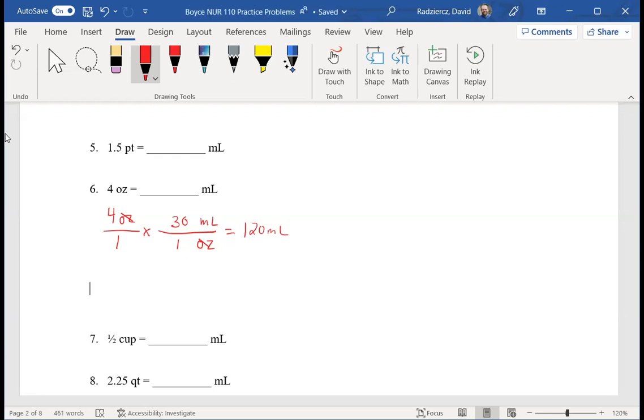Now, with going from ounces to milliliters, keep in mind that we're talking about fluid ounces. We're not talking about ounces like pound ounces. The reason I mention that is they might tell you that the patient had a 4 ounce burger, or a 4 ounce piece of chicken, or a 4 ounce piece of steak. I don't know what hospital they're getting steak at, but 4 ounces is weight, not fluid volume.